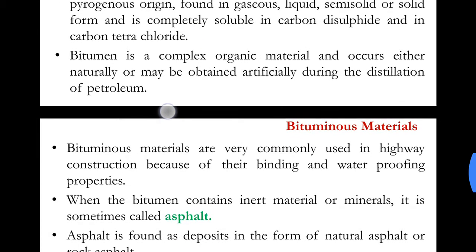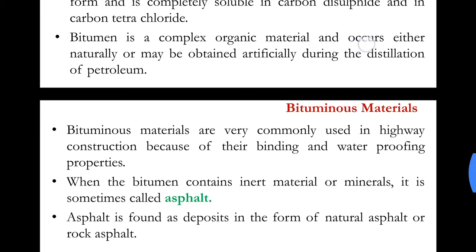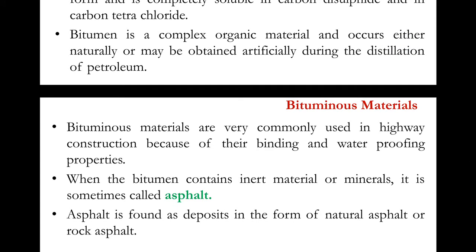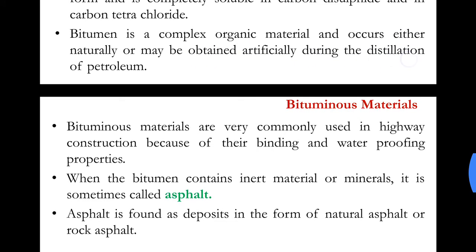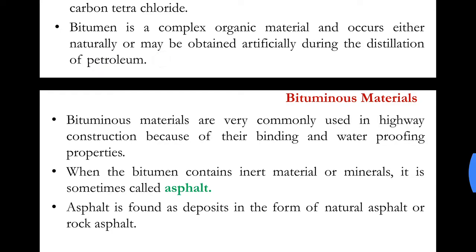Bitumen is a complex organic material and occurs either naturally or may be obtained artificially during the distillation of petroleum crude. Okay, so we get bitumen naturally also. Okay, this naturally occurring bitumen is termed as asphalt.